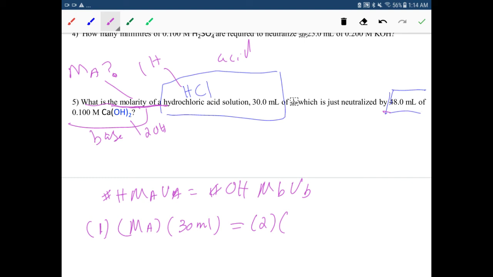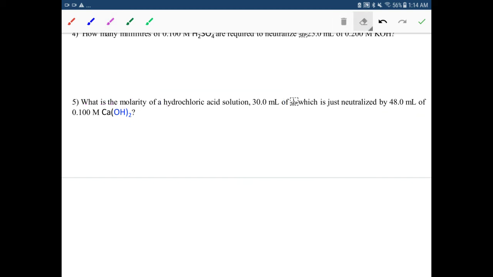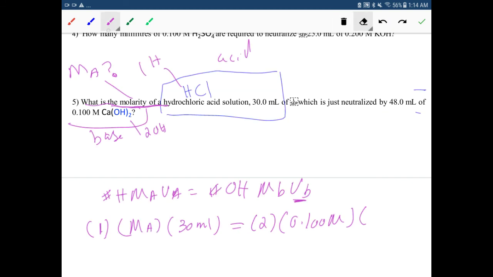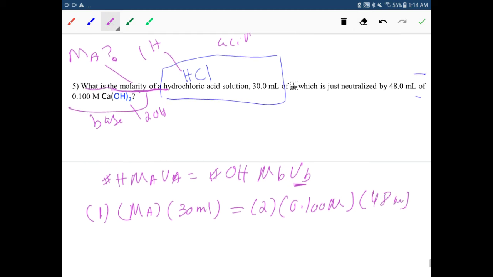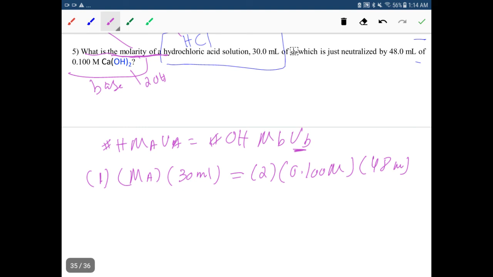It says 48 ml of 0.100 molar CaOH2, so that's the molarity. And finally VB, from the base information, is 48 milliliters.